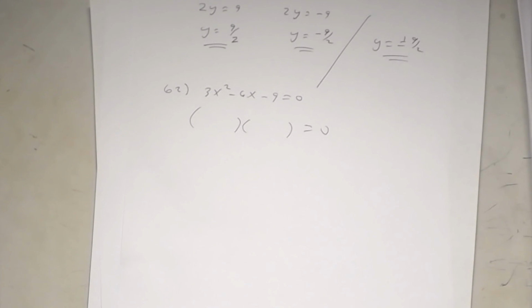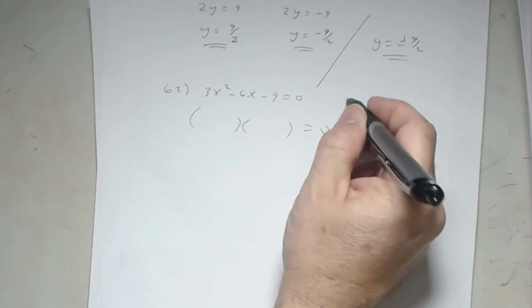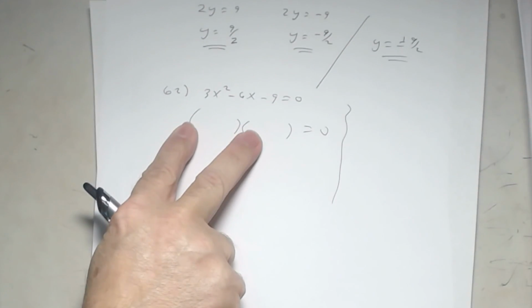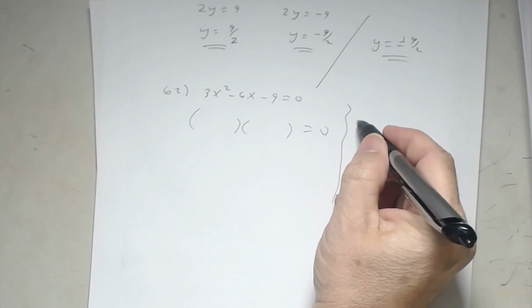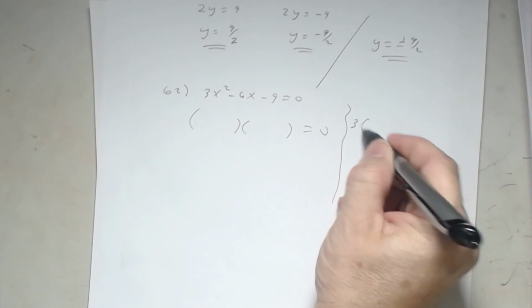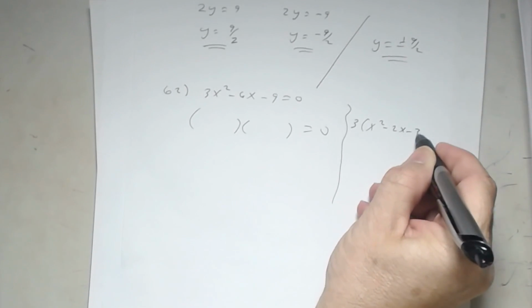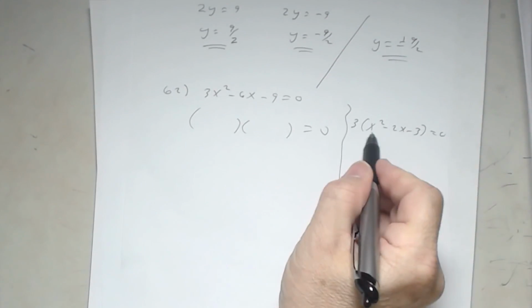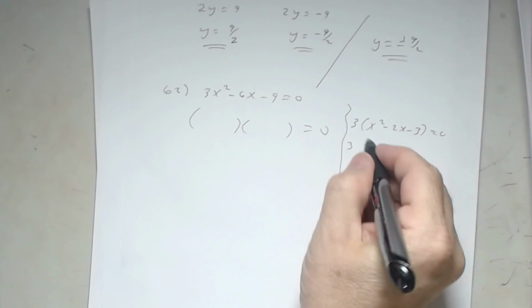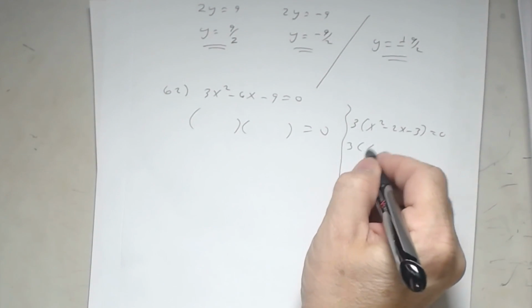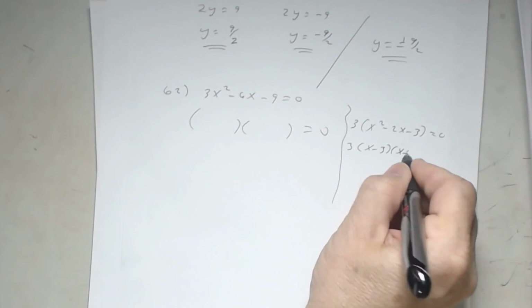So this one you can go directly to the binomials. This one you can factor out the 3 first. If you factor out the 3, what would you get? x squared minus 2x minus 3. And then you would factor this trinomial, which we already did: 3 times x minus 3 times x plus 1.